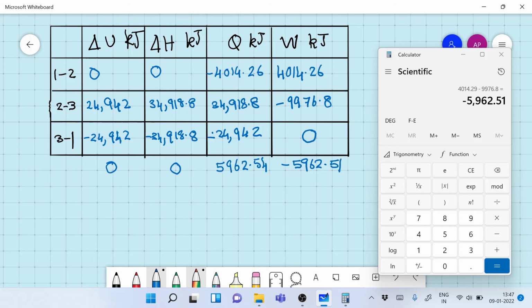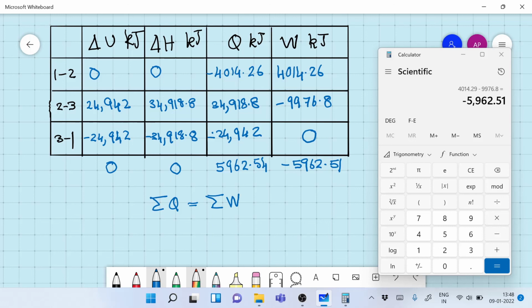Well, if we would have taken sufficient care of all the decimal places, we would have got these answers the same. And it's evident. So therefore, summation Q is equal to summation W numerically.